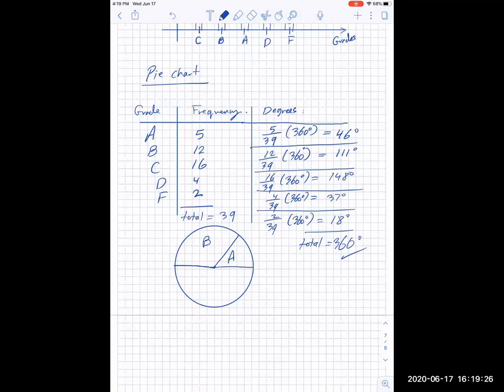And then I have 148 for C. That's the largest category. And then I have 37 degrees and 18 degrees.